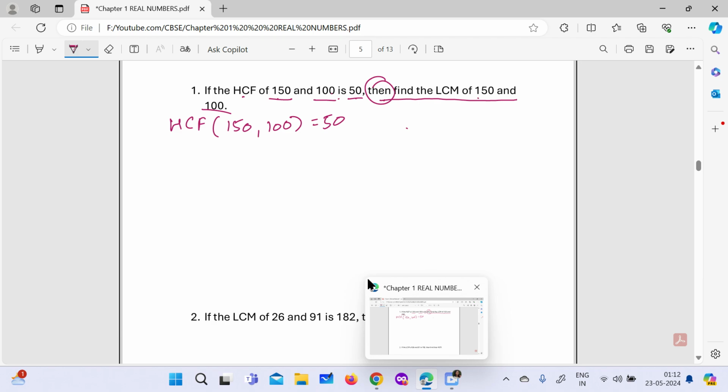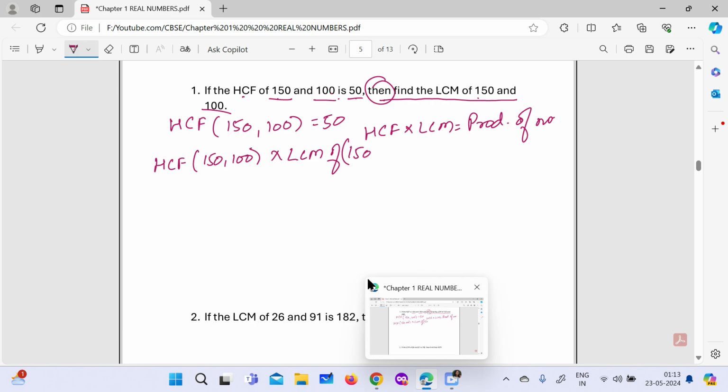with the rule, that is HCF times LCM of two numbers is equal to the product of the numbers. So following this, we have HCF of 150 and 100 times LCM of 150 and 100 equals the product of the numbers. My numbers are 150 and 100, so I will write 150 times 100.